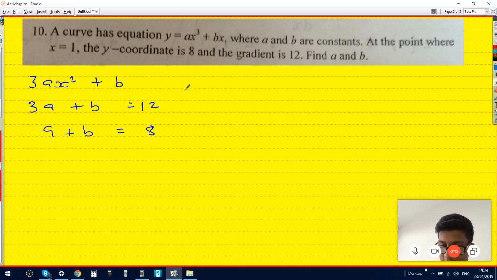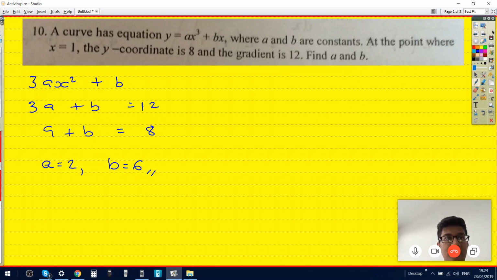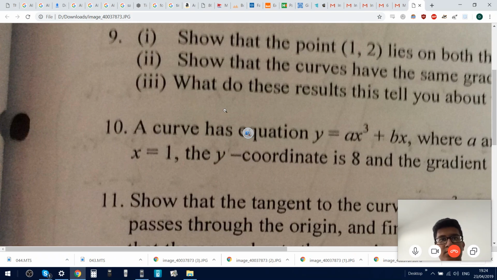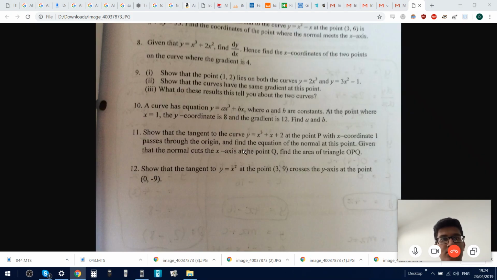So you've got your a equals 2, and then your b equals 6. That's it. I'm sure you can do it the manual way, and I just wanted to check that you know the calculator way as well. Any questions there? No, that's fine. Okay, so that was 10, so you're mostly okay for that.